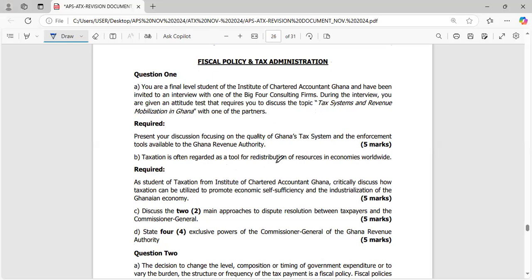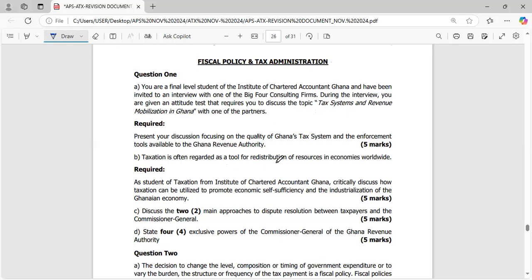Arm's length transaction, thin capitalization, income splitting, accumulated profit without distribution. Exactly. So you should be able to explain them. Those are the tools available to the Commissioner General. This question will be for 10 marks, not 5 marks. Look at the number of the things you'll be explaining.